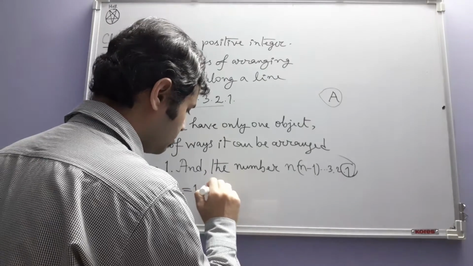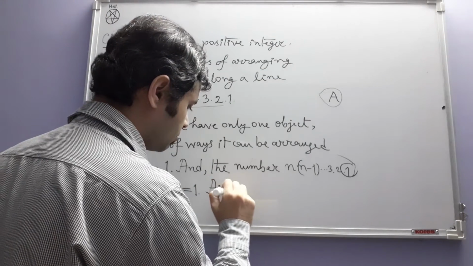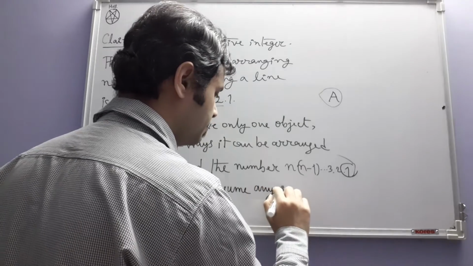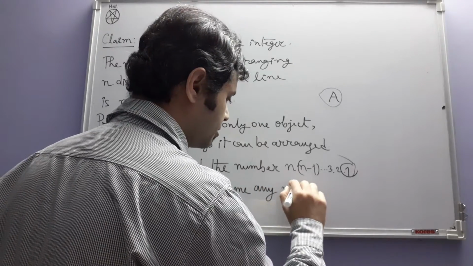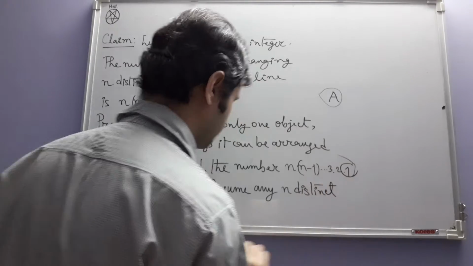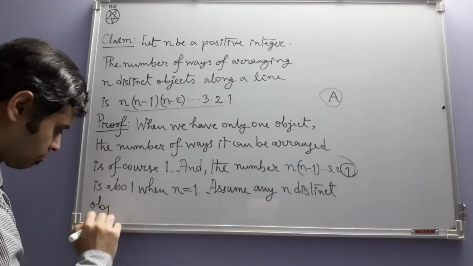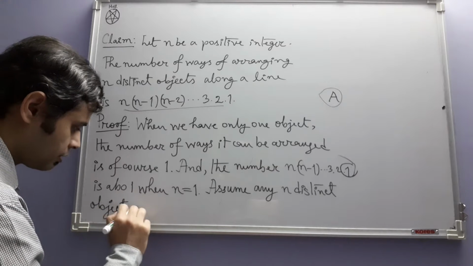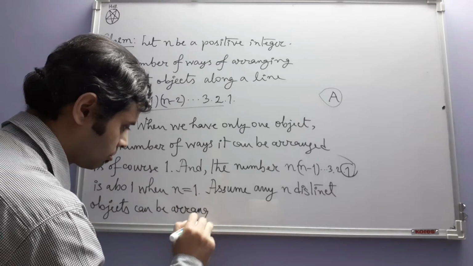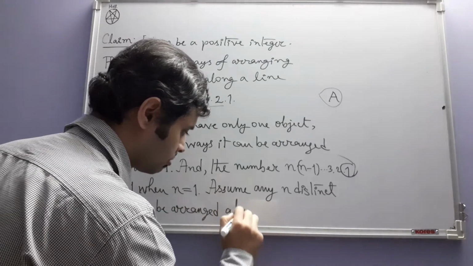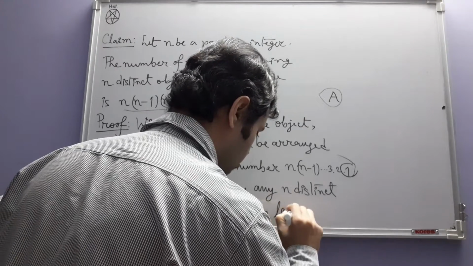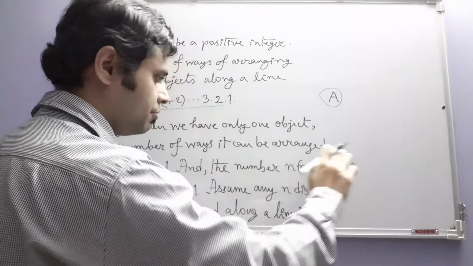Now assume any n distinct objects can be arranged along a line in this many ways.